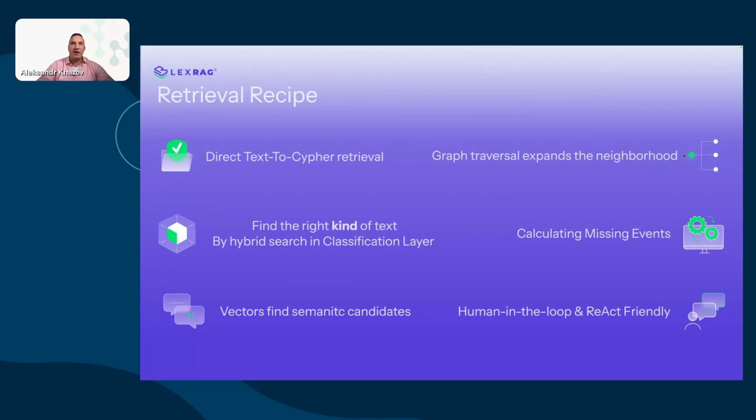For sure, graph traversal expands the neighborhood. That is important because at some points it's not only the particular paragraph found as a semantic candidate. It does not explain in detail the whole semantic, especially if it refers to other paragraphs or other text provisions, other law provisions, and so on.